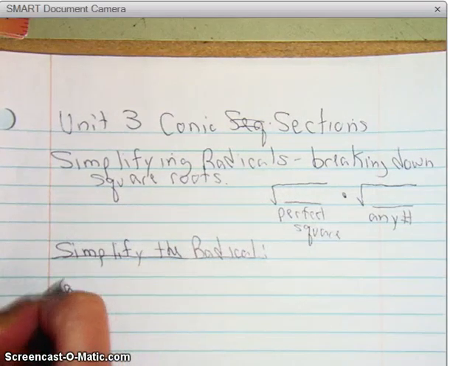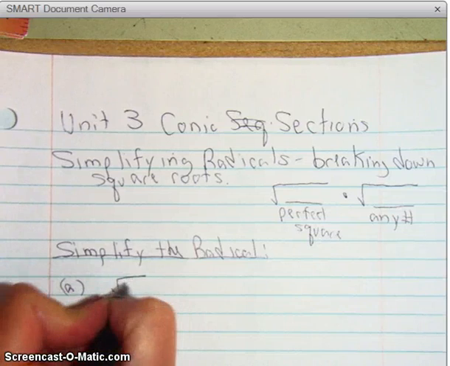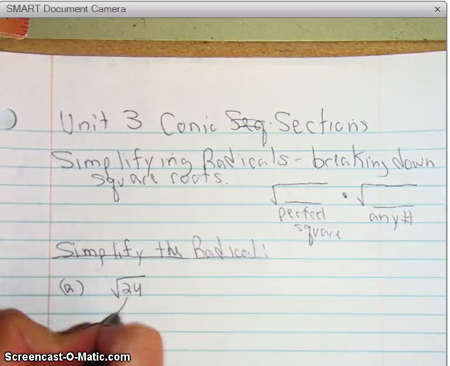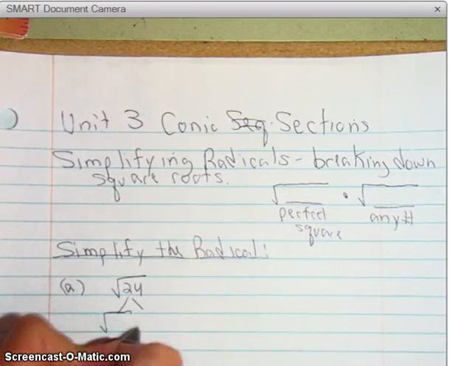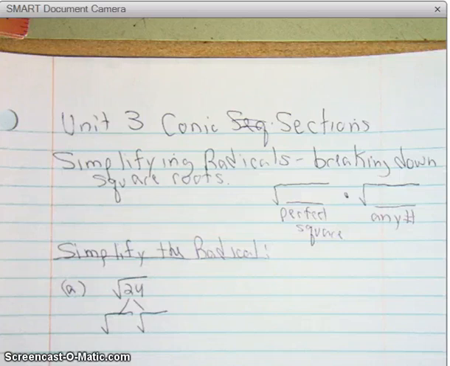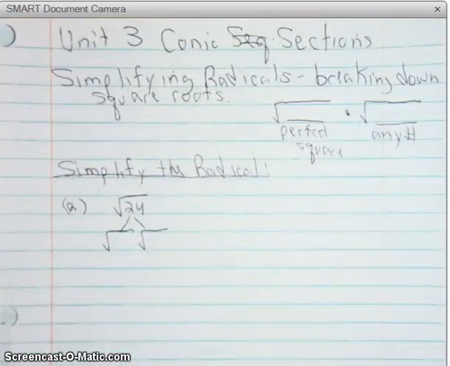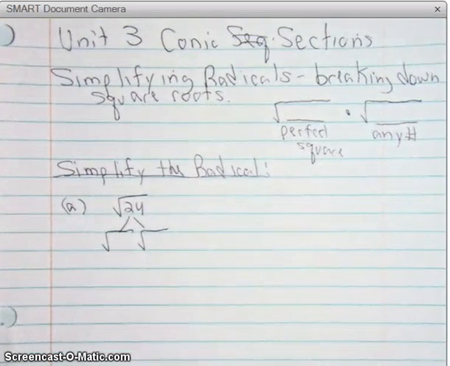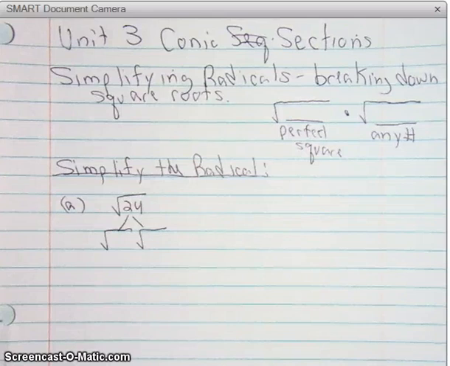So letter A, square root of 24. First thing is, look for a number in that list that divides into 24, and preferably the biggest number in the list that would divide into 24. Raise your hand, please. Anybody see a number that divides into 24 from the list?